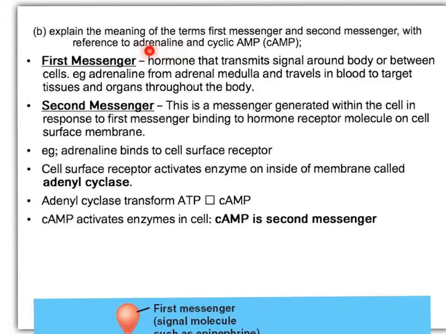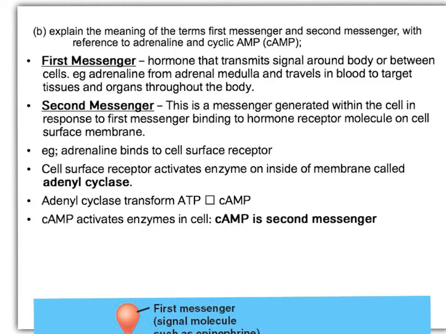Just before I start this slide, some of the diagrams and animations I use in this slide are American, and they use the word epinephrine instead of adrenaline. Americans don't tend to use the word adrenaline; they use epinephrine instead. Although they do talk about the adrenal glands as we do, if you come across the word epinephrine, that means adrenaline.